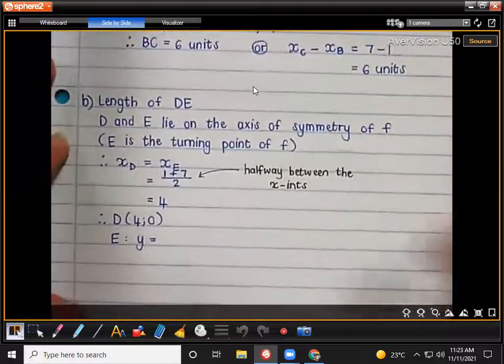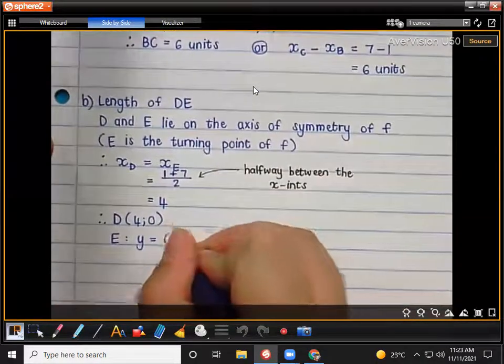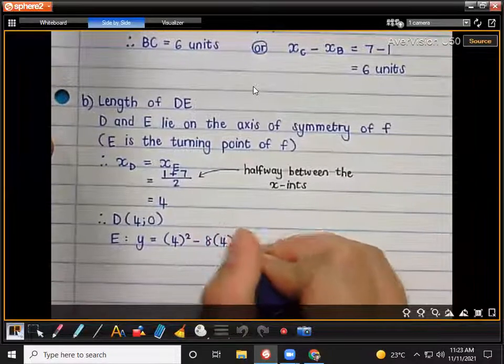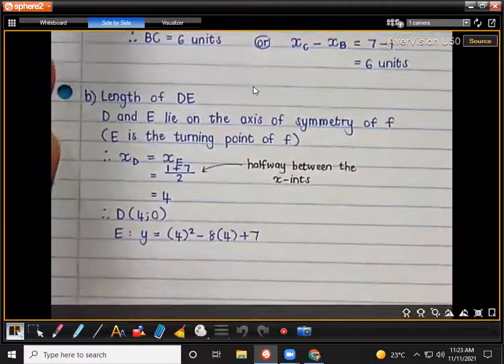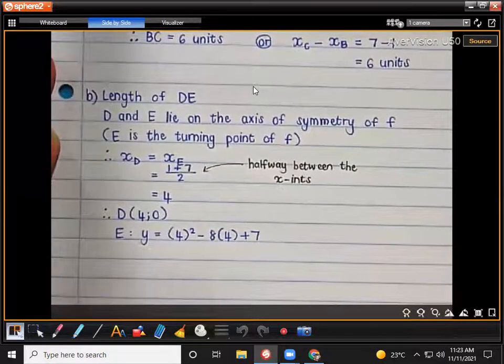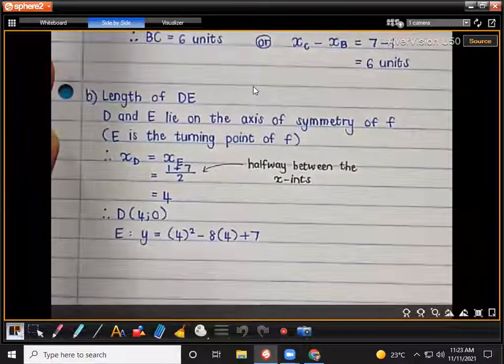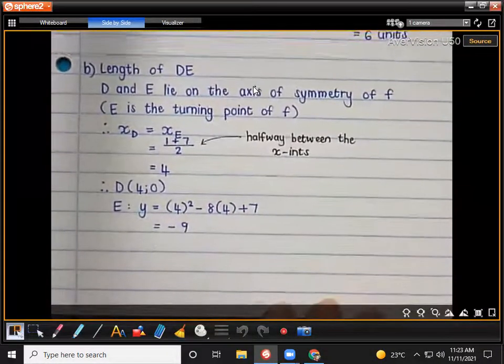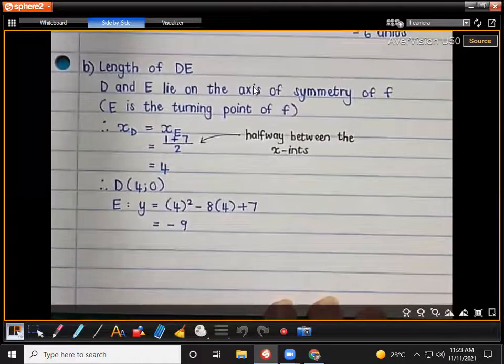We're needing the Y value. So I'm going to do 4 squared minus 8 times 4 plus 7. I could do that in my head, but I'm lazy now. So let's just double check. 16 minus 32 plus 7. Okay, that's negative 9. Right, so that is the y value of E.